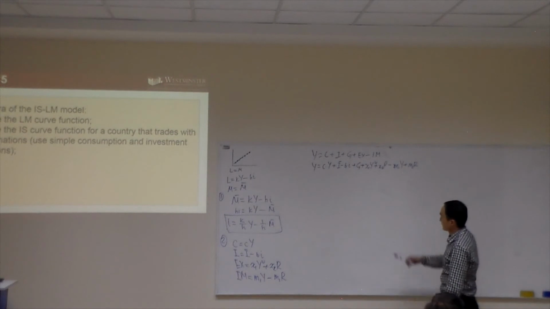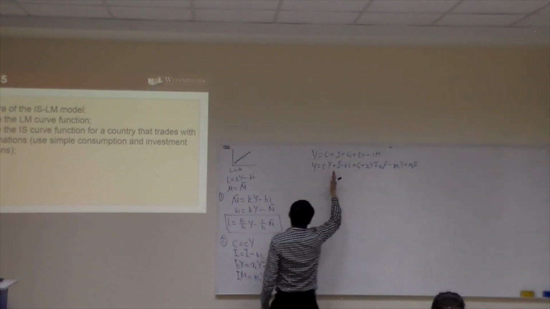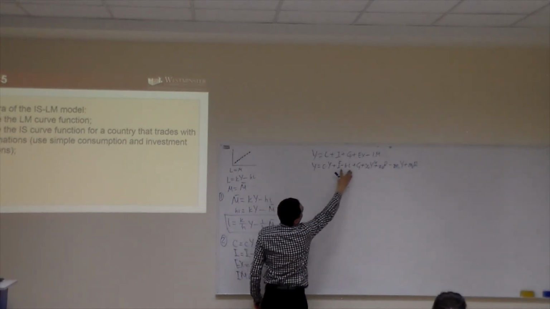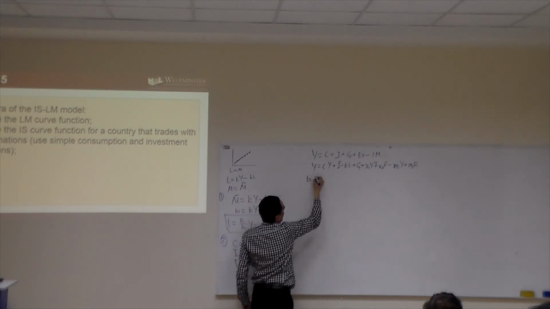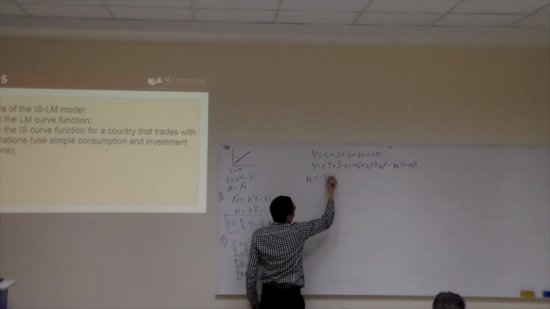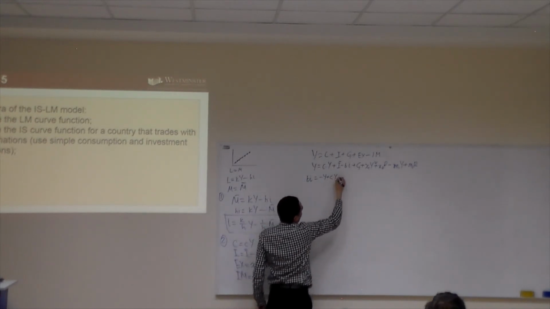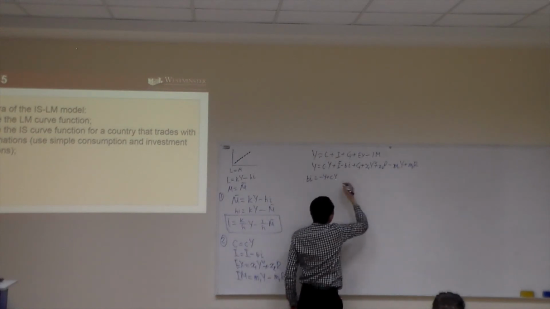So now if I take this Y and the interest rate on this side, which is BI, is equal to, and I'm taking this Y on this side, minus Y plus CY, and we have another Y here, right?